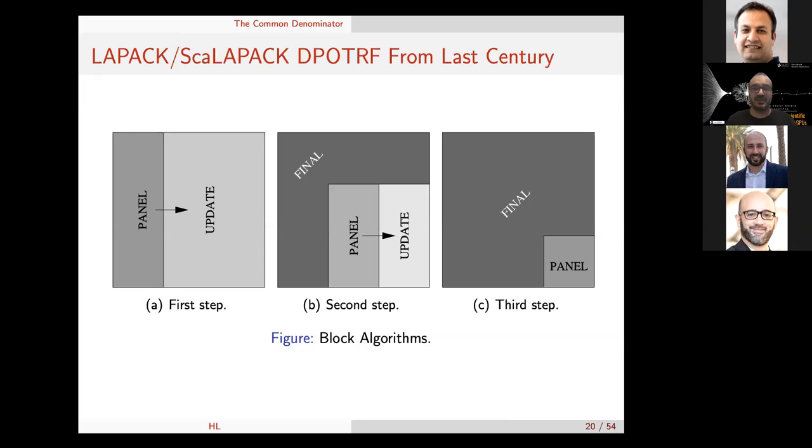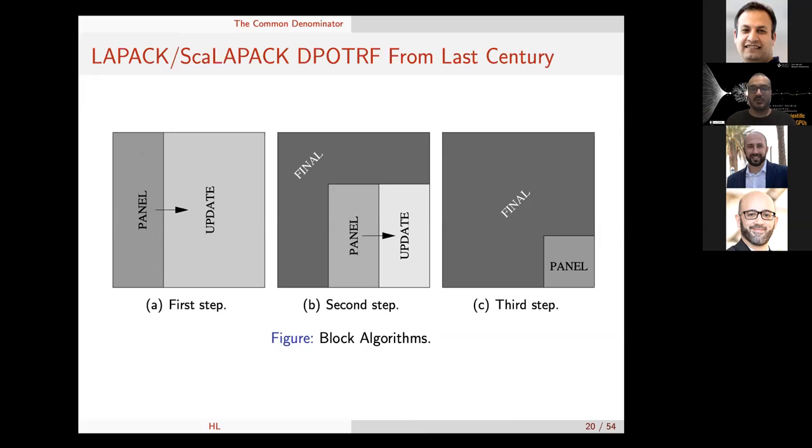If you use last century technology from the LAPACK and ScaLAPACK libraries and look at how Cholesky factorization is done, there are lots of issues with the inherent algorithm. The algorithm is called a block algorithm, and the idea is that you do some blocking within this panel factorization. That's my gigantic dense matrix, and I split it into panels and accumulate some of the operations here so that I can apply them to the trailing submatrix, doing an update based on level 3 BLAS.